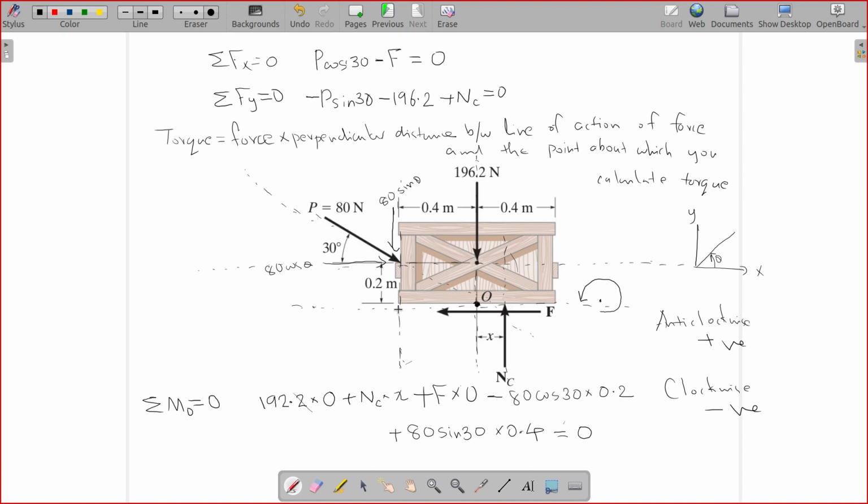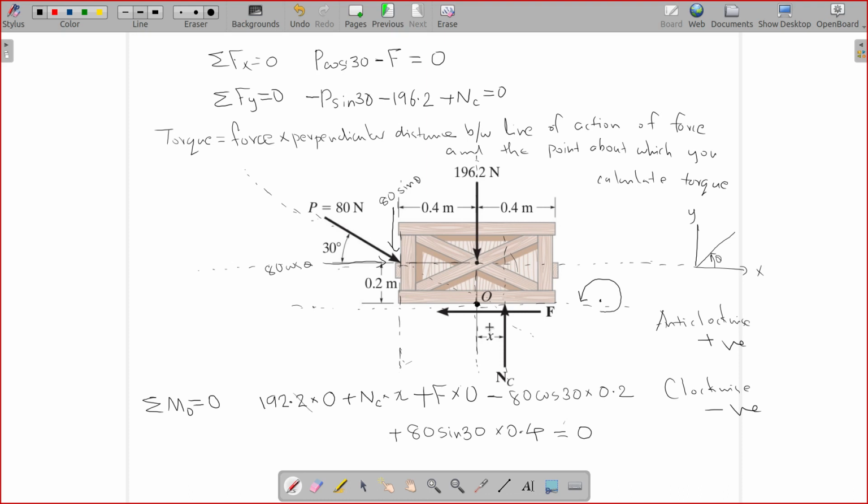So if your result comes within that range, the equilibrium equations can be satisfied, and this can be in equilibrium. If you get values which make sense, equilibrium is possible. If you get values which do not make any sense, equilibrium is not possible.